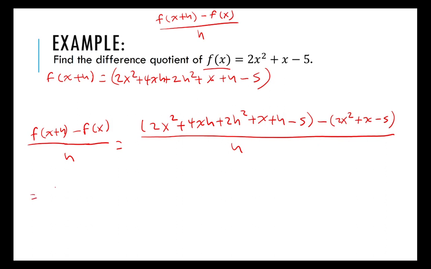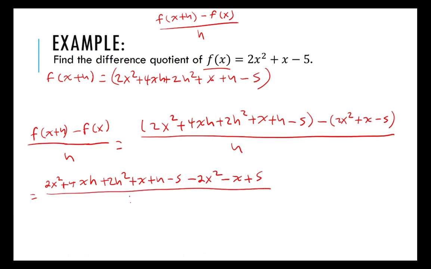So this then gives us 2x squared plus 4xh plus 2h squared plus x plus h minus 5 minus 2x squared minus x plus 5, all divided by h. Then let's look and see what like terms can be combined. So I see, first off, 5 and negative 5. So minus 5 plus 5 gives me 0, so those cancel out.